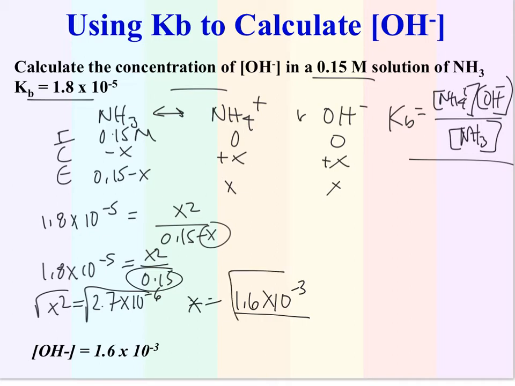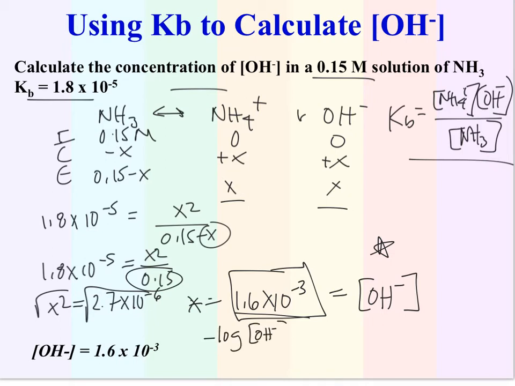Now that I've solved for x, according to equilibrium, I technically know the concentration of my hydroxide ion, and I could subsequently take this value and solve for a slew of other things. Let's say they wanted me to solve for pH. Remember that I have solved for OH concentration. So when I take the negative log of the OH-, that's actually going to give me pOH.